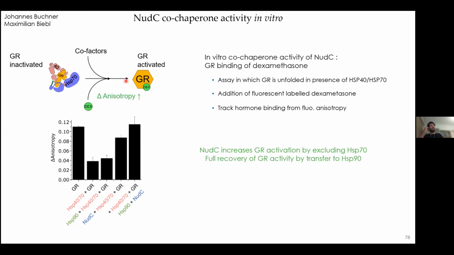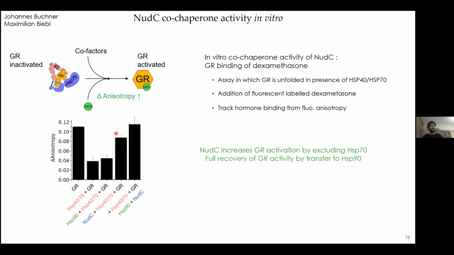We can look at the activation of the client basically by following the binding to hormone. We can start from the unfolded system with Hsp70, and if we only add Hsp90, we don't have reactivation of the client. But if we add Nazi by itself, it reactivates the client. We think that's because it kicks out the Hsp70, which then cannot keep the client unfolded, and that will refold the client.